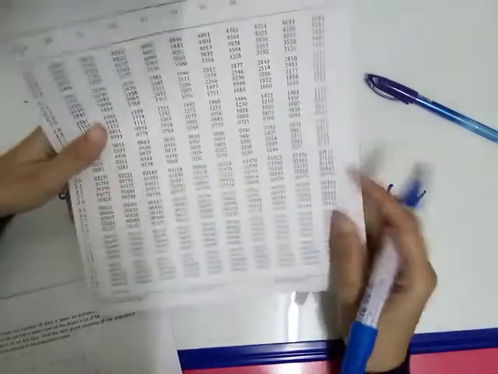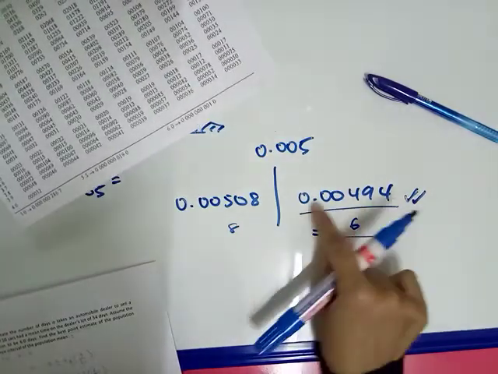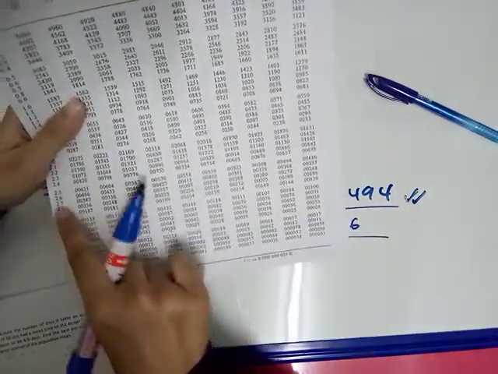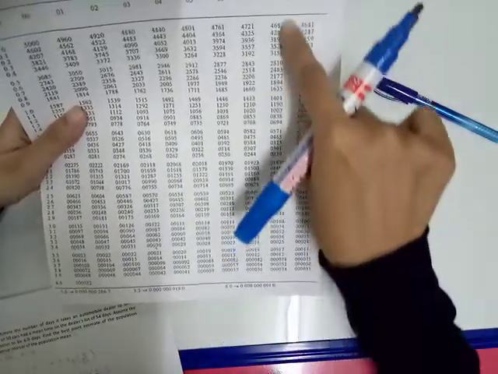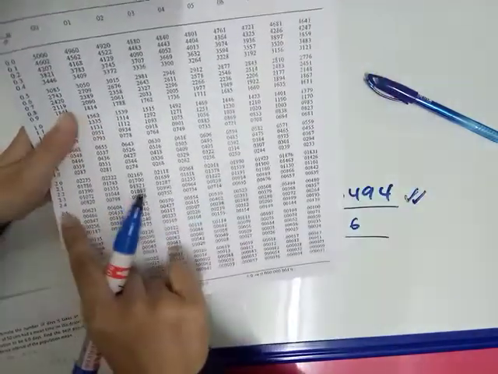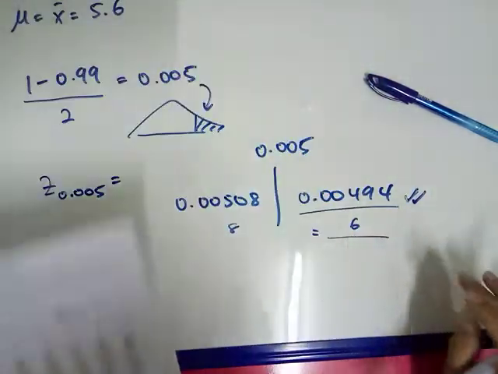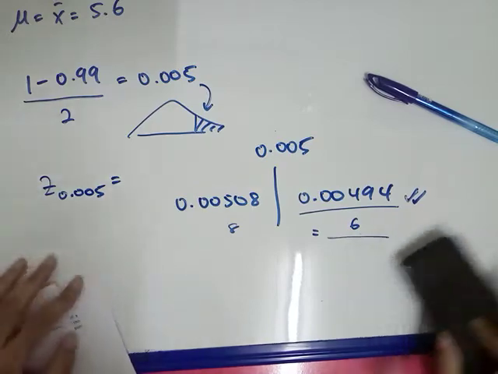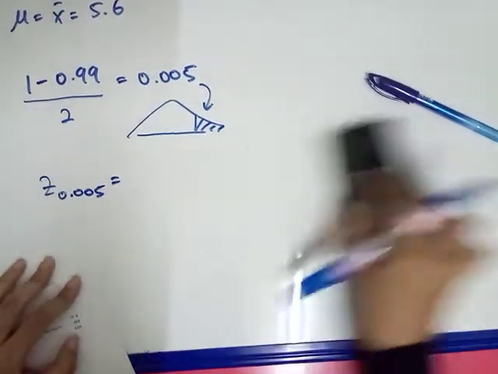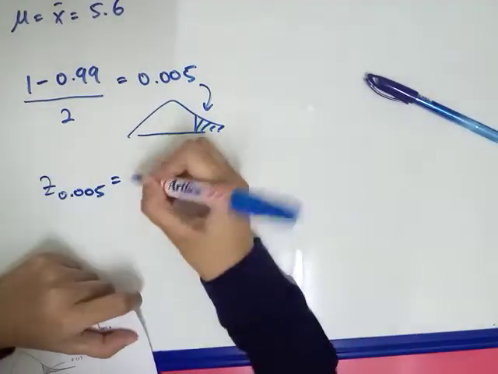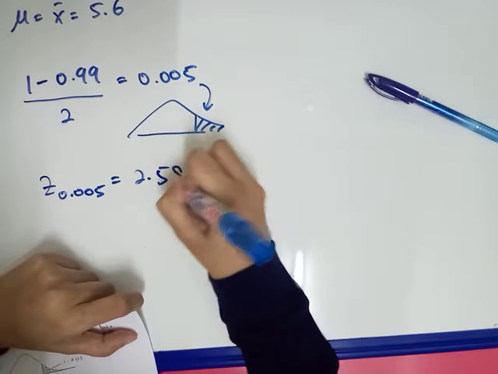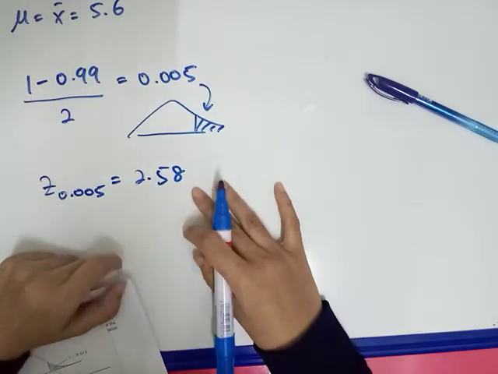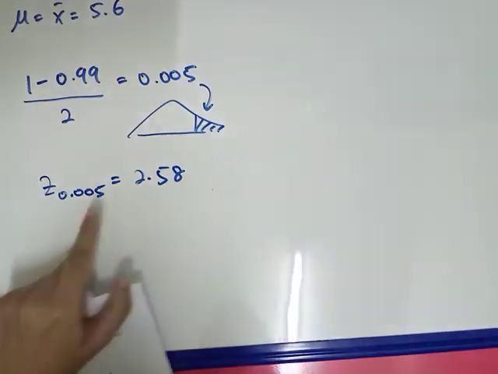So the Z value for this one, the area 0.00494, is 2.58. Okay, so this is the Z value.